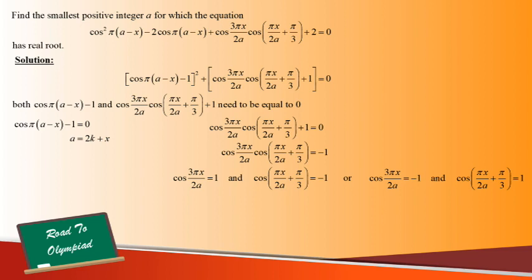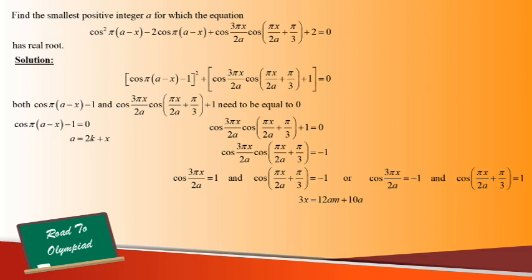For the first case, when cos(πx/2a + π/3) is -1, we have πx/2a + π/3 equal to (2m + 1)π for some integer m. Multiplying the entire equation by 6a/π, we have 3x + 2a = 12am + 6a, which can be simplified into 3x = 12am + 4a.